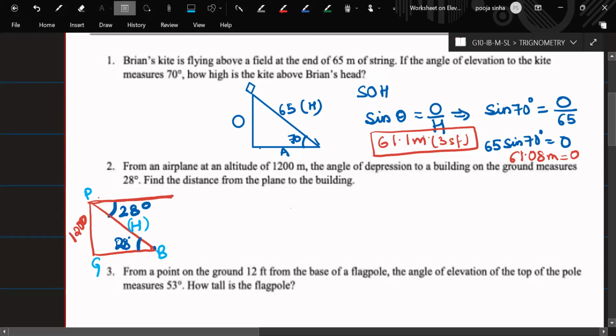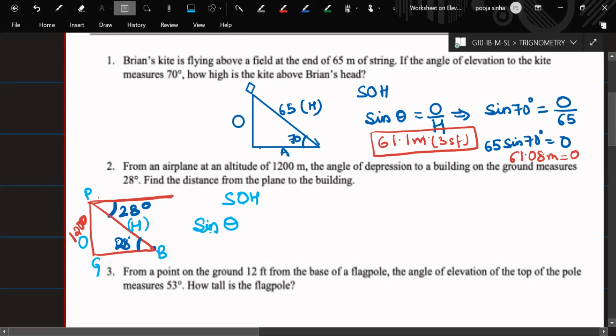What are we going to use? SOH CAH TOA. We're going to use sin. Why? Because we have to find the hypotenuse, and we have the opposite. Opposite and hypotenuse come with sin. Also, what we have to find has to come in the equation.